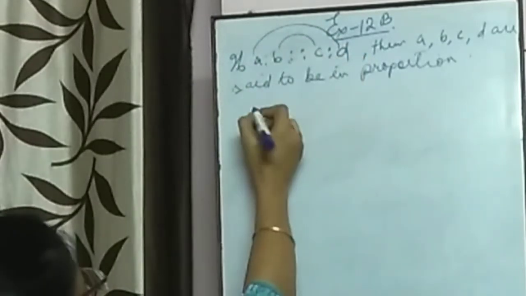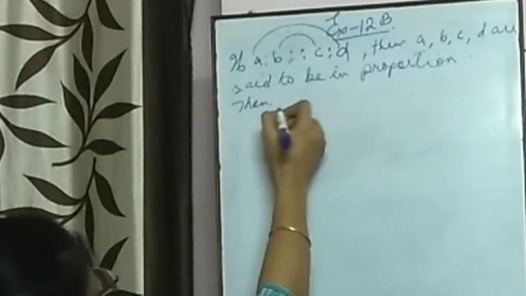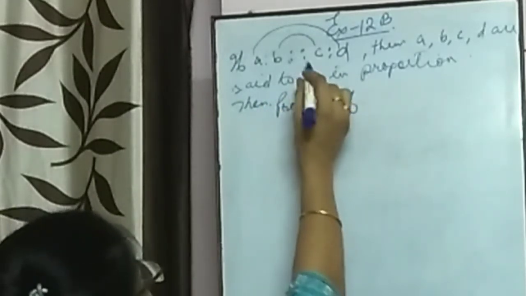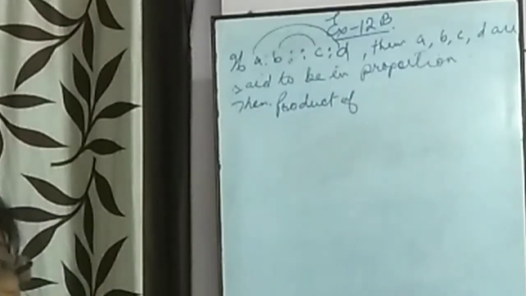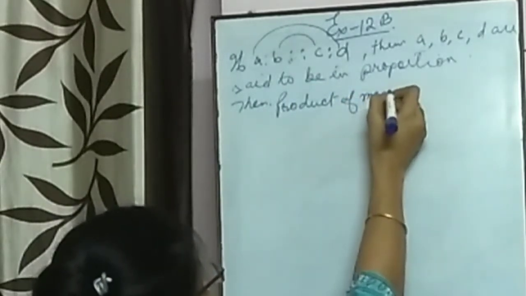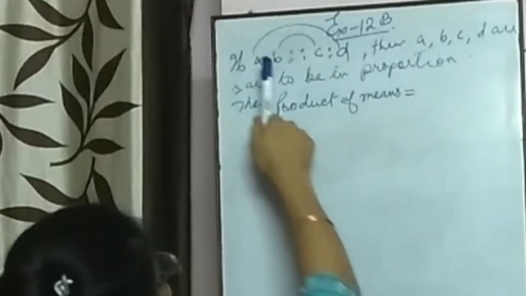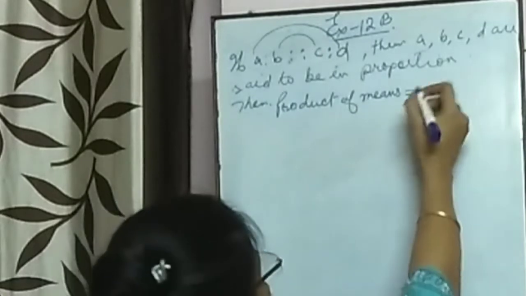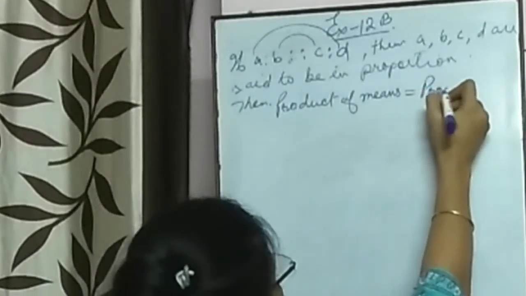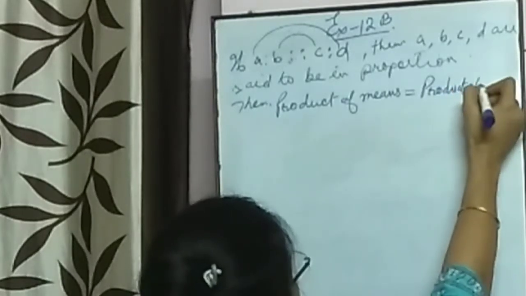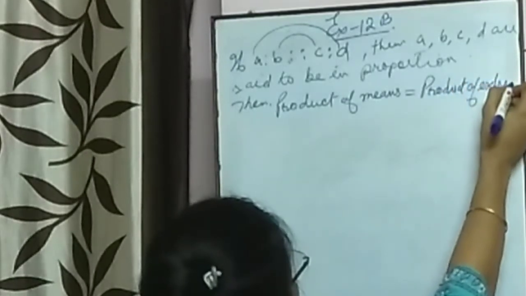Then what happened? B and C are in the middle, so they are called means. A and D are on the outside, so they are called extremes. Then the product of means is equal to the product of extremes.